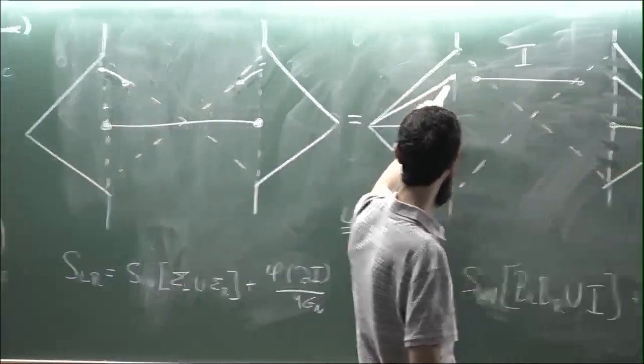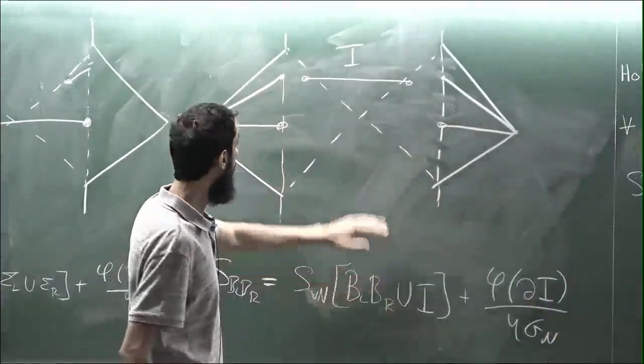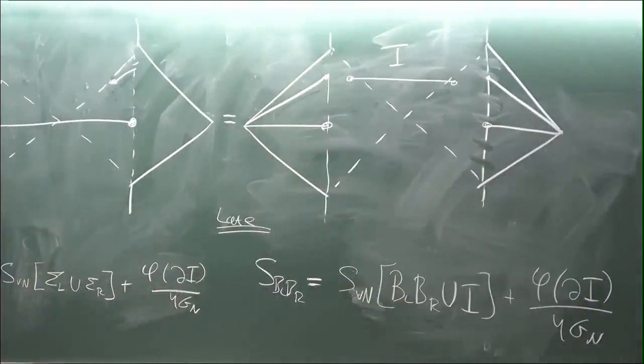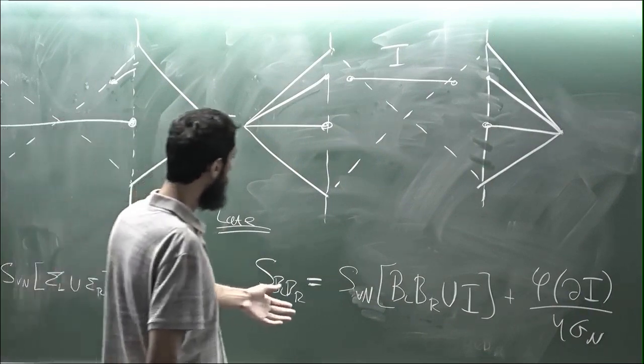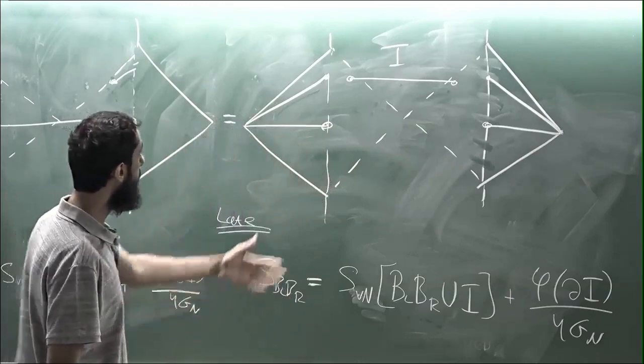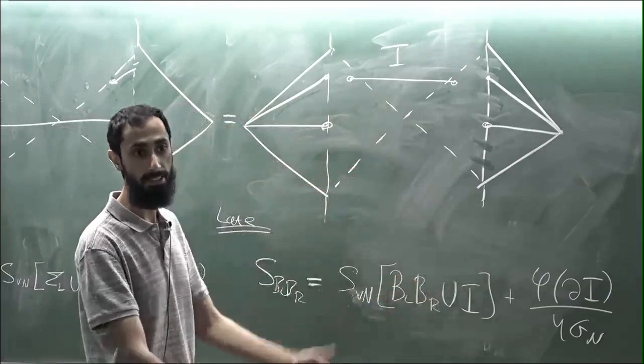That's what I wrote down here. And the dilaton term is the same on both sides. So at late times, you're supposed to allow for contributions in the bulk of these disconnected regions, which we call islands.